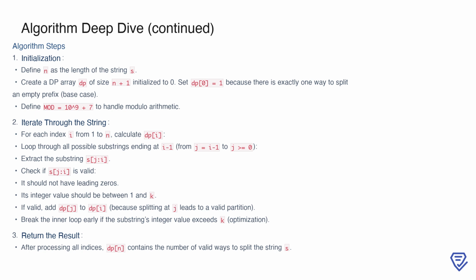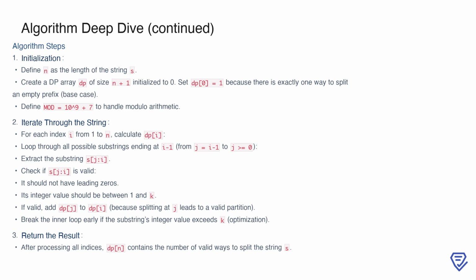If the substring meets these criteria, we add dp[j] to dp[i], as splitting at j leads to a valid partition. To optimize the process, we terminate the inner loop early if the integer representation of the substring exceeds k. Finally, after processing all indices, the value dp[n] contains the total number of valid ways to split the string, which is our result.